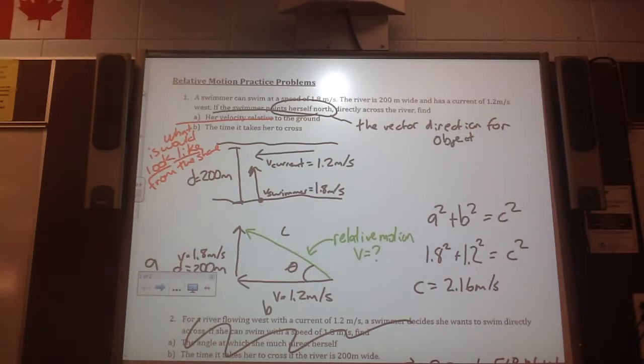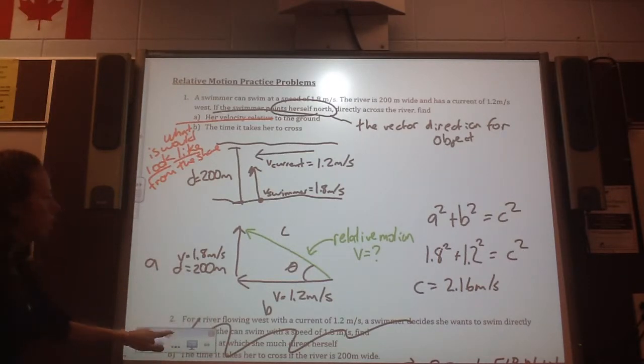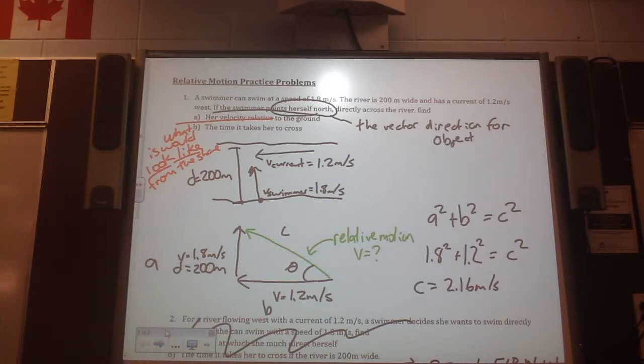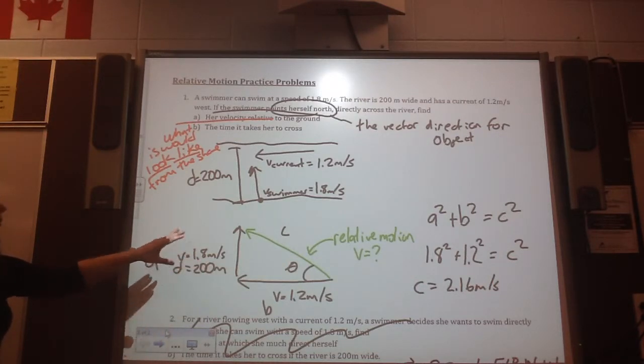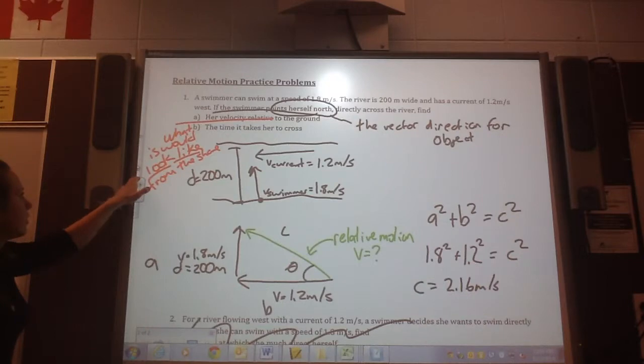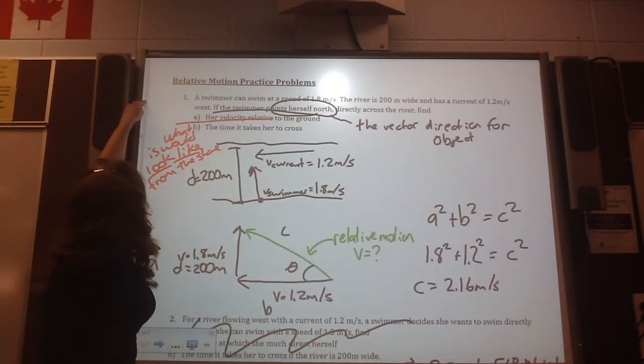Okay, so next we were asked to also find the time it takes her to cross. So time, again, is the same no matter which side of the triangle you're on, because we're all dealing with the same event happening at the same time. So I'm going to use the information that I've been given, both the V and the D. I'm going to take my vertical information and use that to find my time.